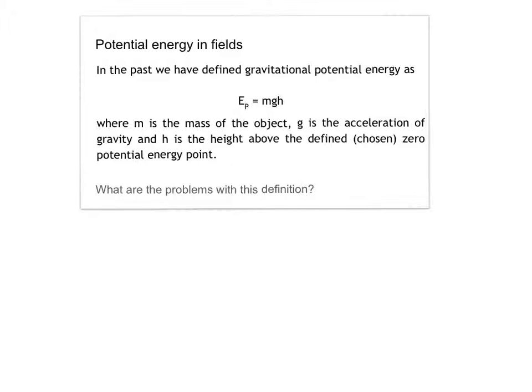So what makes high-level fields different? Well, we're going to start off by talking about potential energy and the potential energy of objects within the field. In the past, we've always talked about GPE, or gravitational potential energy, as mgh, where m is the mass of the object, g is the acceleration of gravity, or gravitational field strength, and h is the height above the defined, chosen zero potential energy point, which usually is the floor.